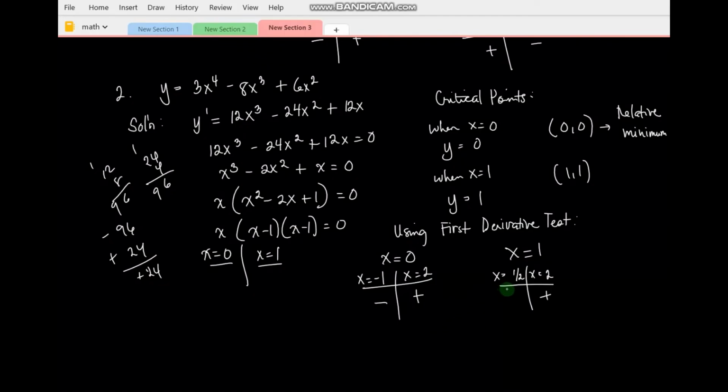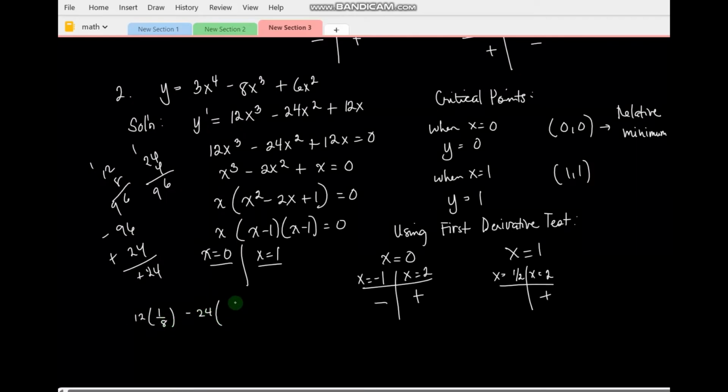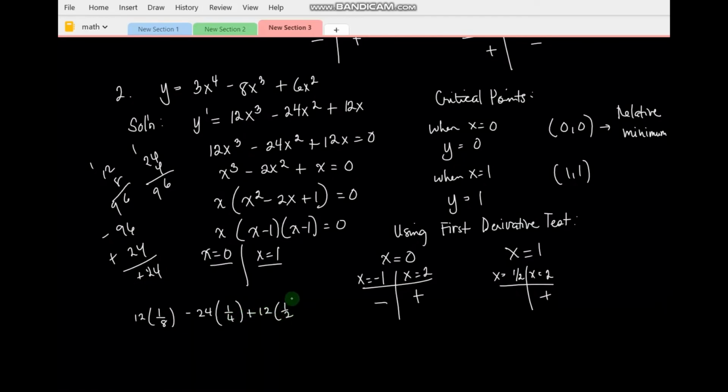How about yung 1 half? So, 1 half cubed is 1/8. So, 12 times 1/8, then minus 24 times 1 half squared, 1/4, plus 12 times 1 half.